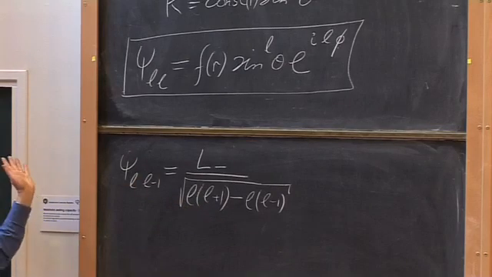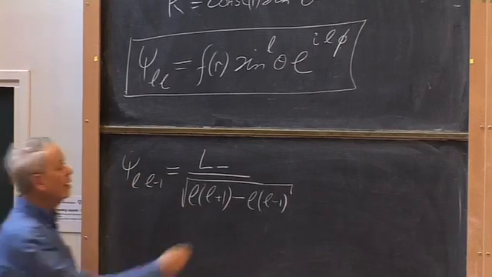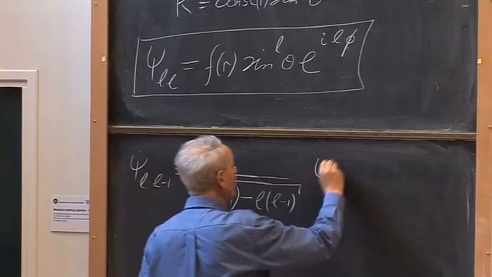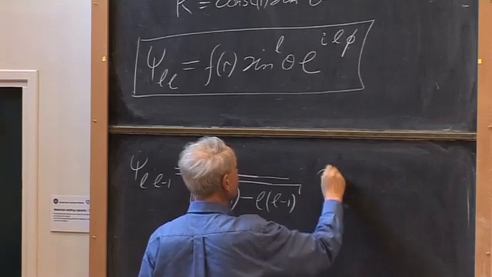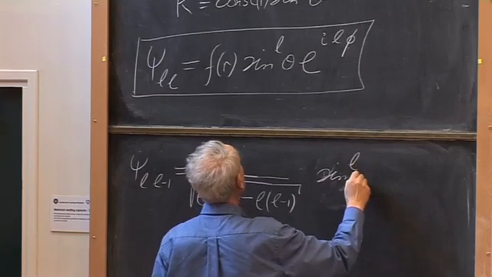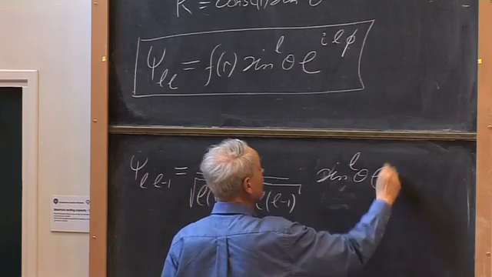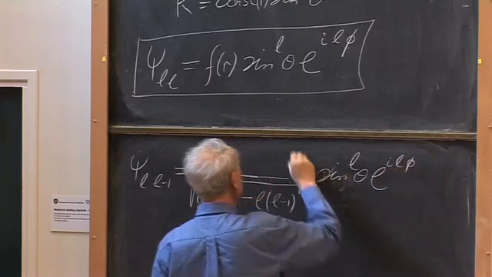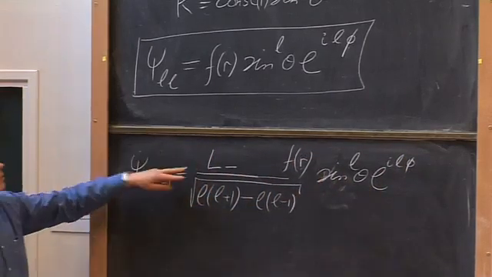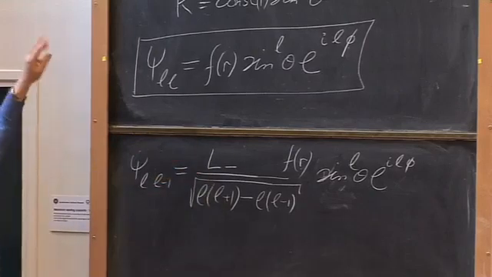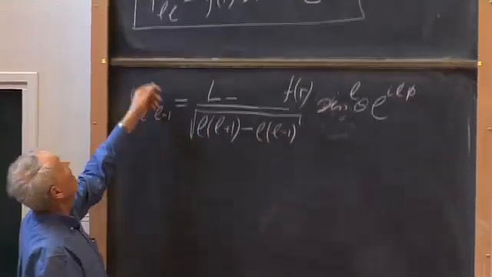That was the case in the harmonic oscillator. That's the case also with the angular momentum operators operating on psi LL, which we now know is sine to the L theta e to the i L phi times the unspecified function of radius.